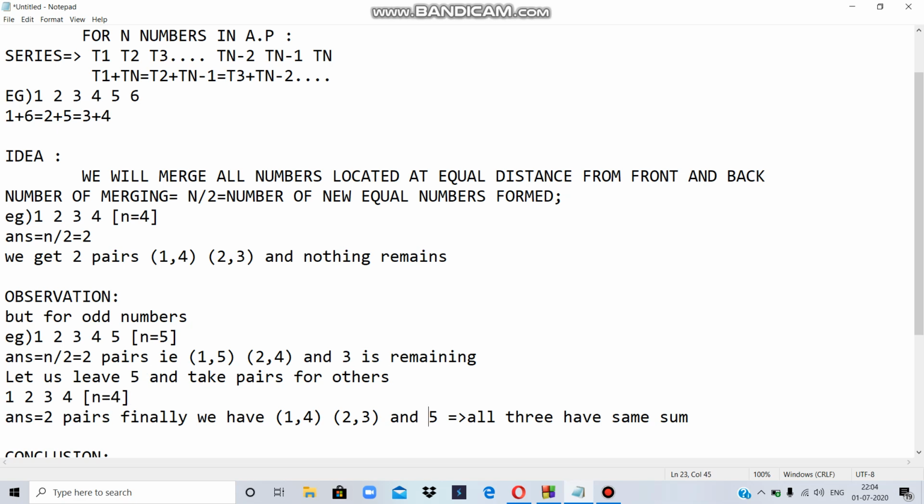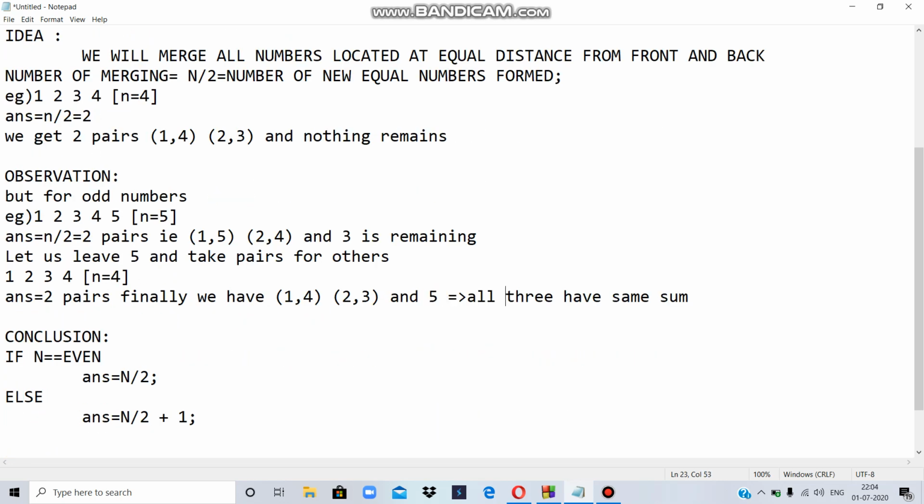If I leave the largest number, what I will find, and this is what we get by our observation, is that the sum will be equal. That is, it is 5 over here, it is 5 over here, and it is 5 over here as well. So we have got 3 pairs this time. Initially we were getting only 2 pairs, but now we have got 3 pairs.